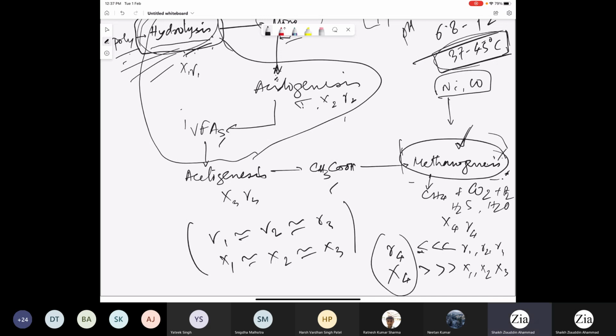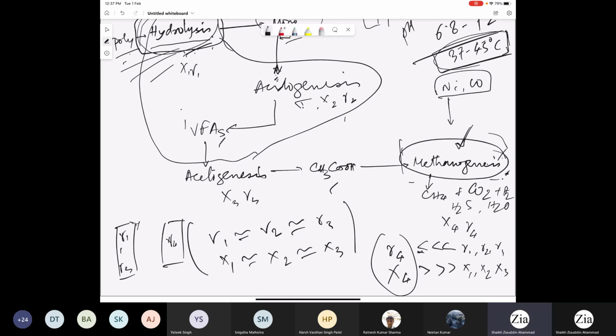Now it is very much possible that in a given system, even if you have a very high concentration of X4, R1, R2, and R3 are still much higher than R4. If you have that kind of situation, then we just split it and have two different chambers: one for the first three reactions, R1 to R3, and a second chamber only for R4.